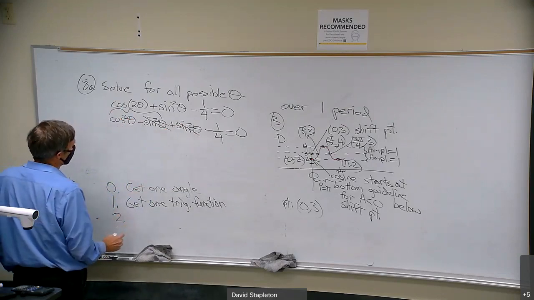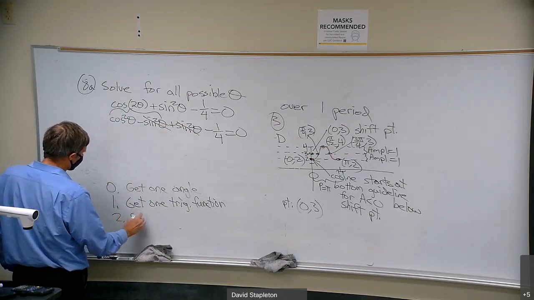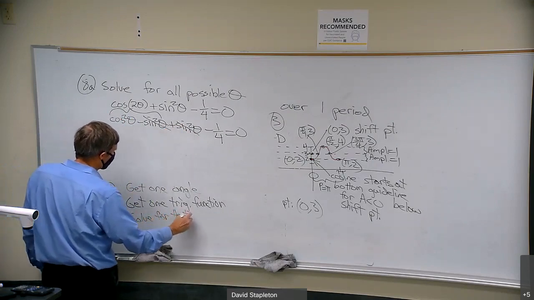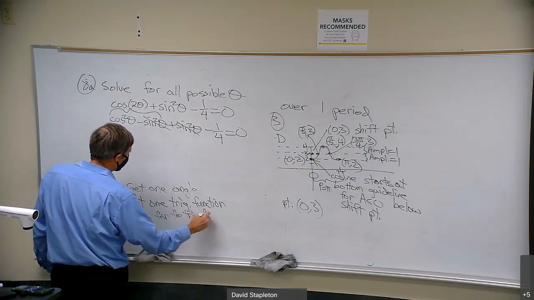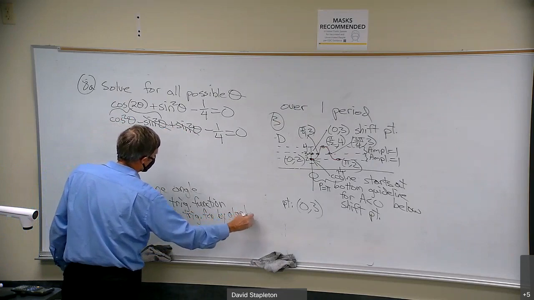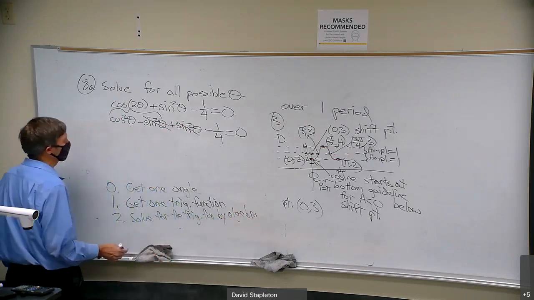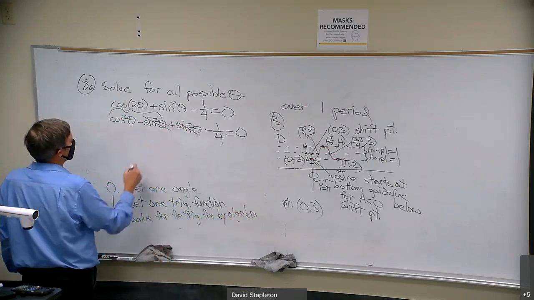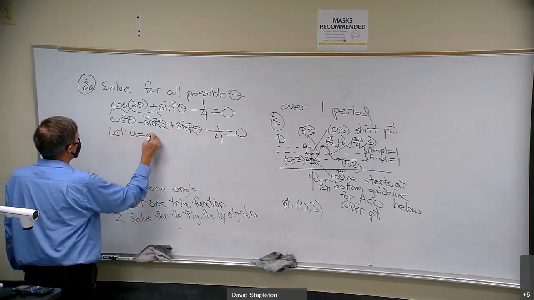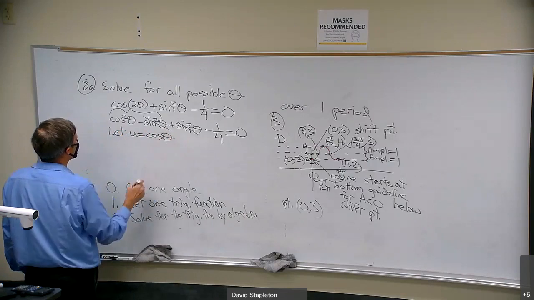Once I have that, you can solve for the trig function algebraically. For this class, it's by algebra. It might be in general anything, but mostly it's algebra in any case. If I have cosine squared minus a fourth equals 0, what I can do is let u equal cosine theta.